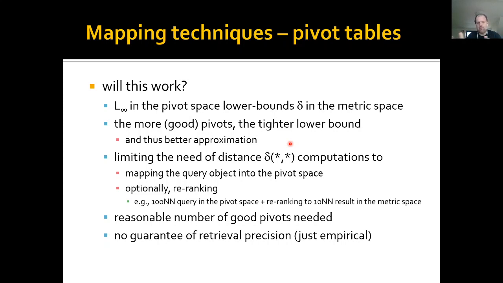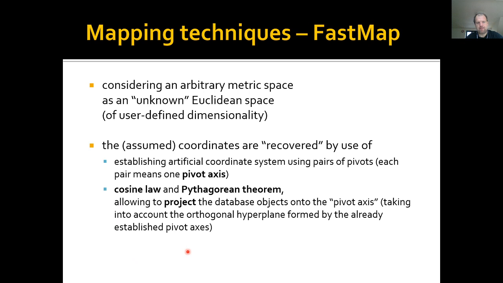So there is some optimal number of pivots and so on, but this is beyond the discussion. Okay, and what is important, we have no guarantee of any precision. We just have empirical indicators for this. We will later present something that is a probabilistic bound, but it is not this simple case.